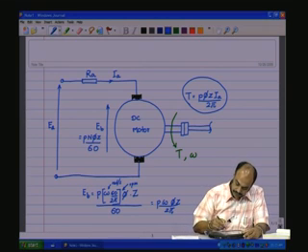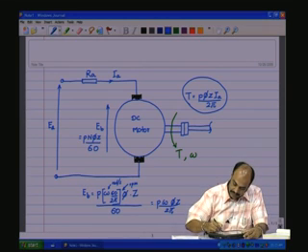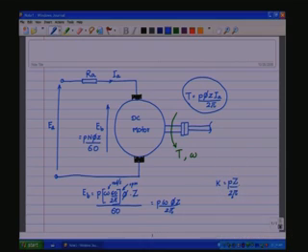Now, let us have a constant K, which is defined as P Z by 2 pi. This constant K is number of pole pairs, total number of conductors, and 2 pi, which is a constant, and therefore it is a constant for a machine.